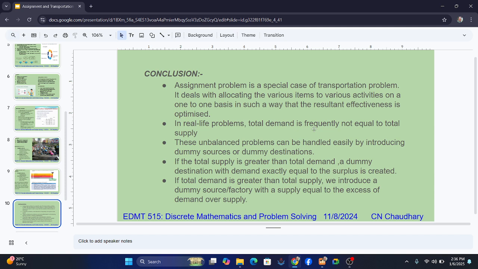Number 4, if the total supply is greater than total demand, a dummy destination with demand exactly equal to the surplus is created. And at last, if total demand is greater than total supply, we introduce a dummy source or factory with a supply equal to the excess of demand over supply.